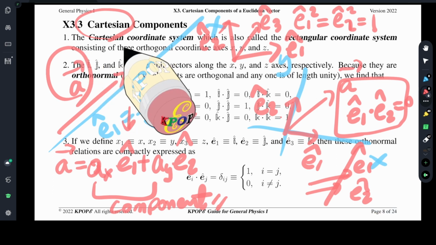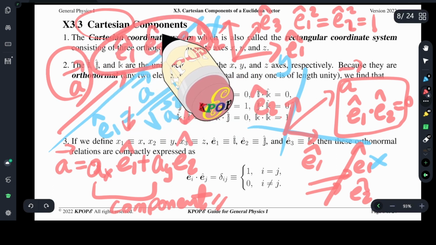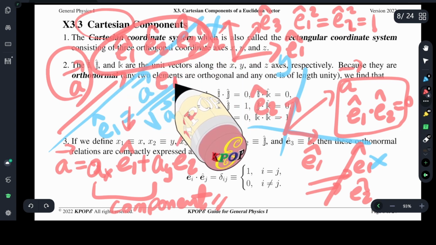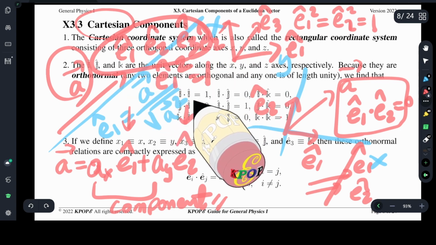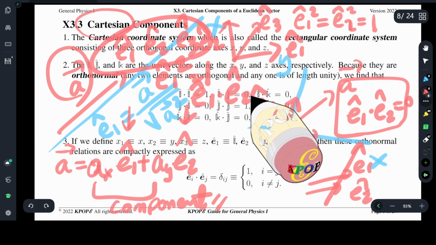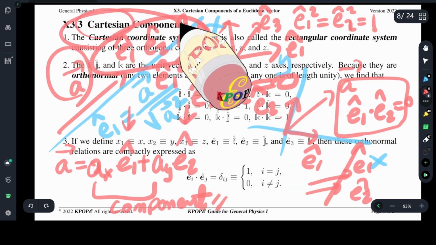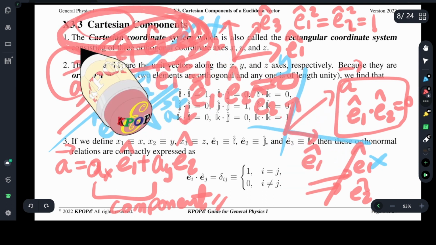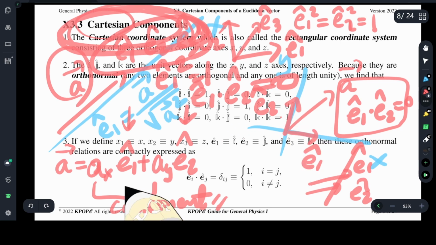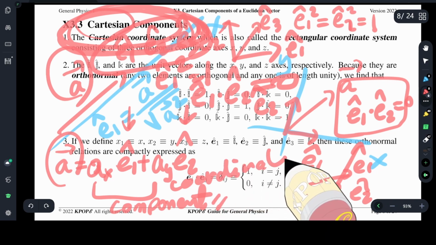For the basis E1, E2, E3, the square of each is 1, and the scalar product between any two different ones equals 0. That is called the Cartesian coordinate, and the coefficients to express a vector are called the coordinates or components.